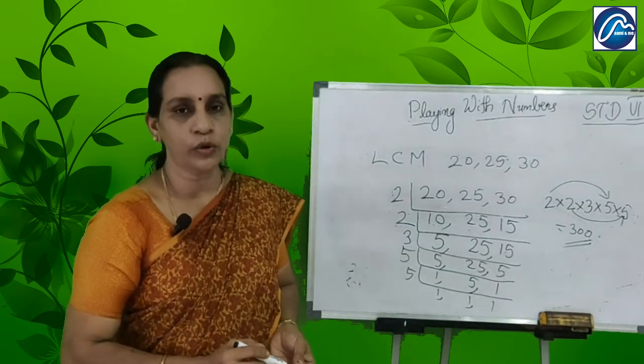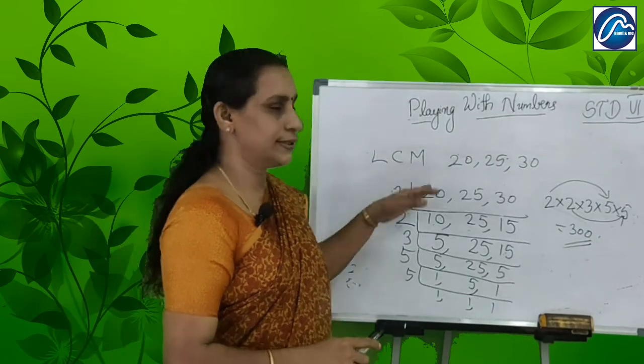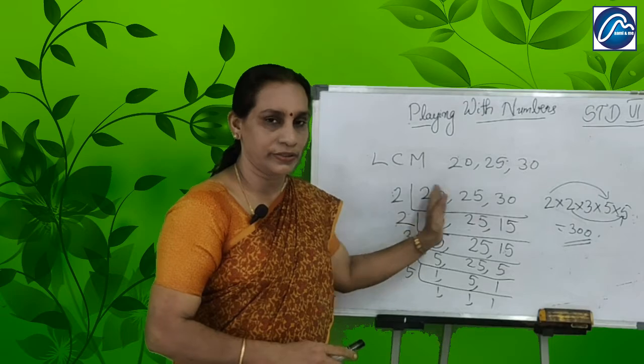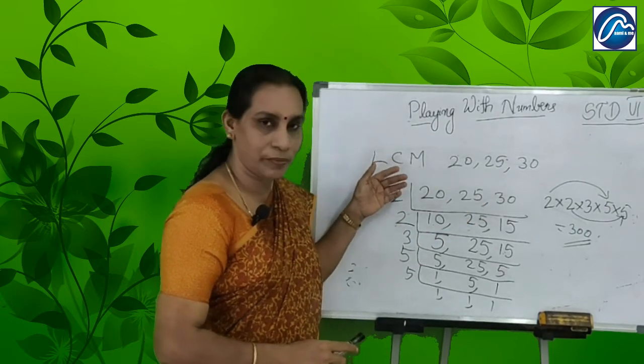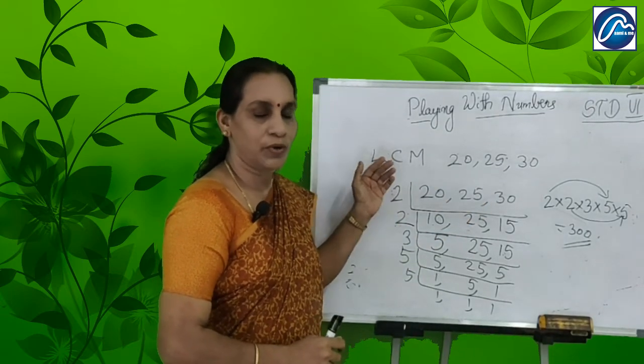So, children, I hope you understood this LCM. You can write the numbers together and divide by the first smallest prime number.